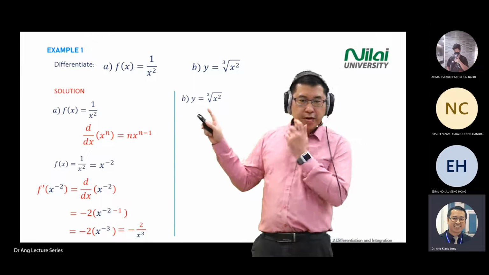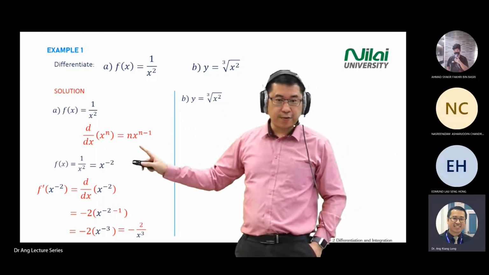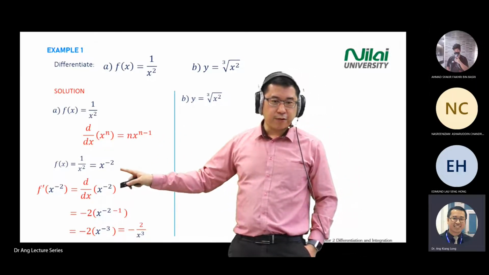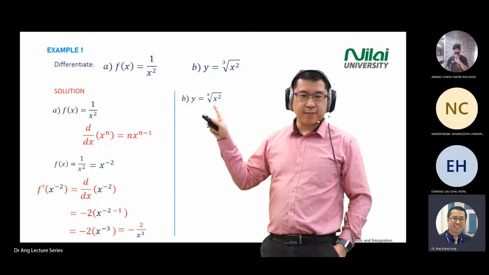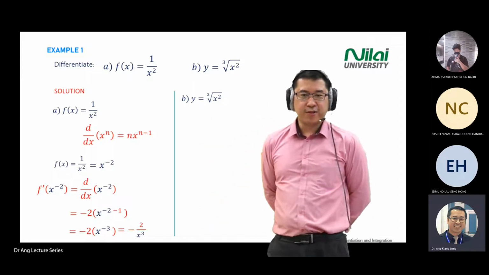Edmund, are you able to write this form into exponential? Like for example, this form. Are you able to write exponential form like this? What does this mean? X power what equals to this one? Edmund, what do you think?